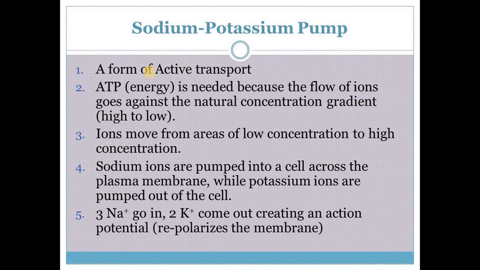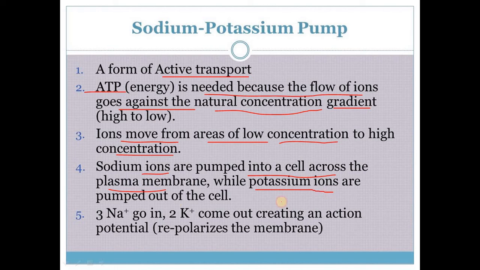The sodium potassium pump is a form of active transport. ATP energy is needed because the flow of ions goes against the natural concentration gradient. So ions move from areas of low concentration to high concentration. Sodium ions are pumped out of the cell across the plasma membrane, while potassium ions are pumped into the cell.